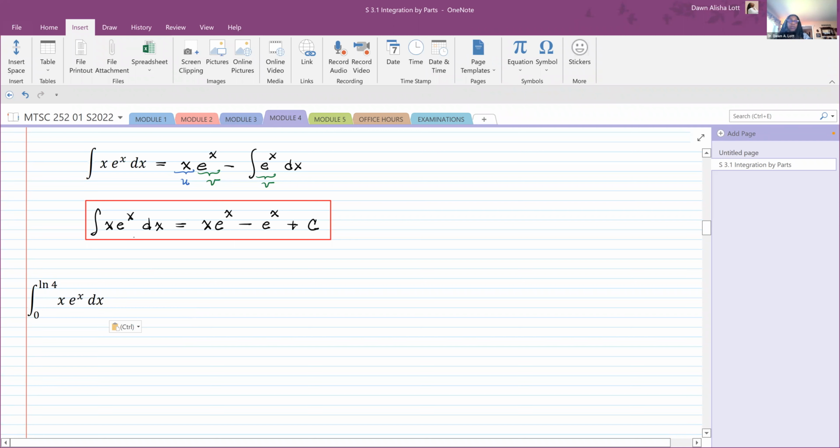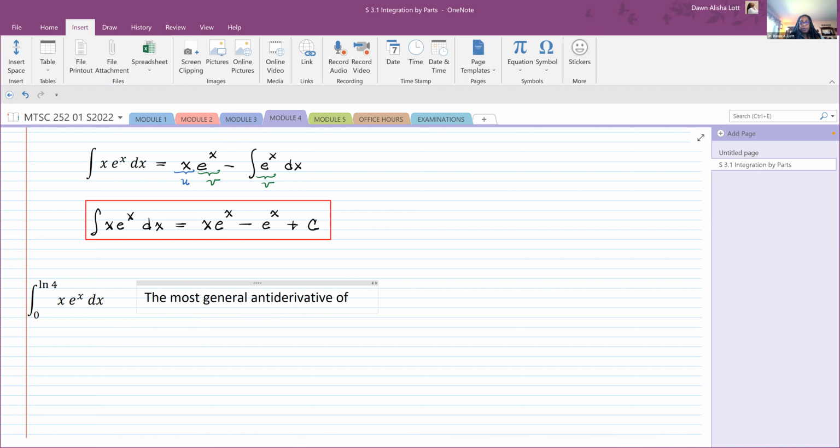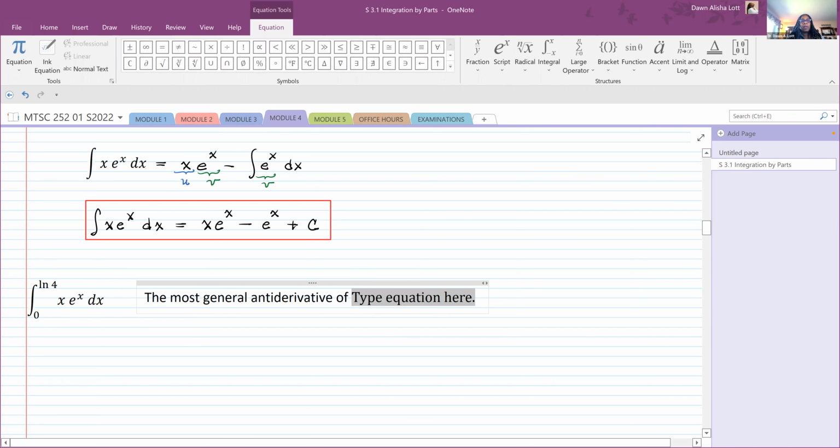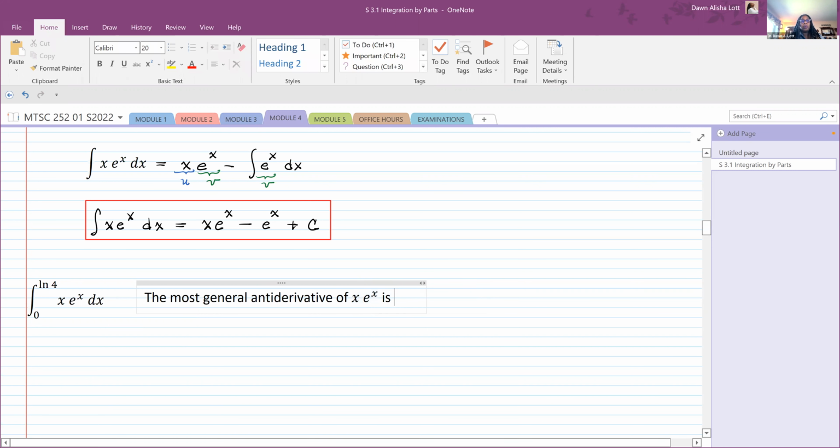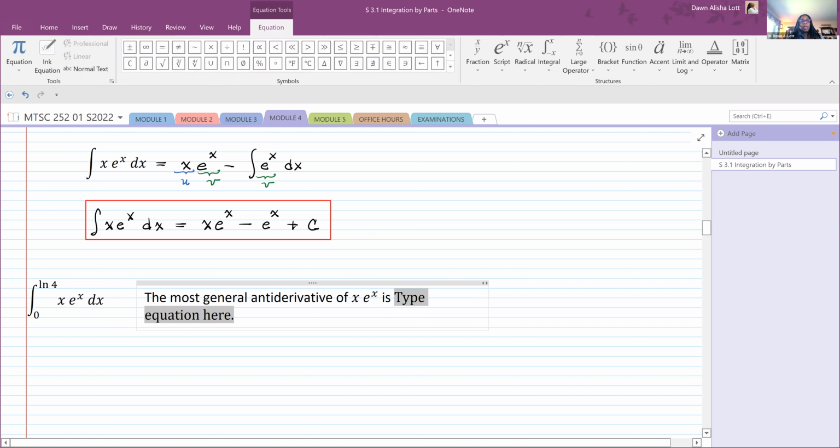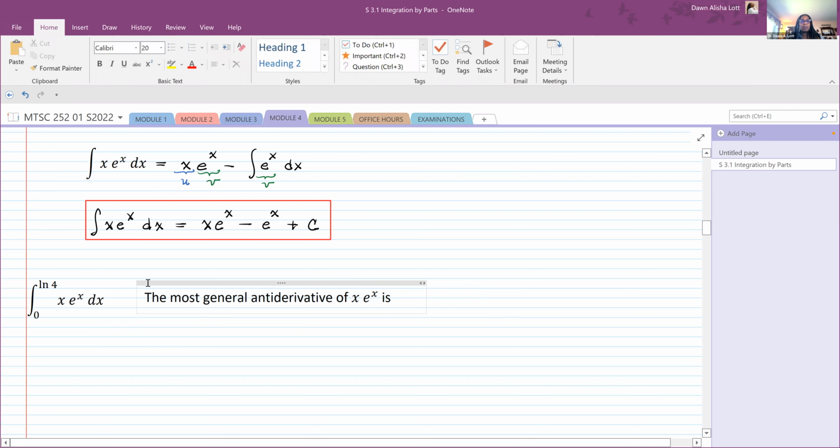So the most general antiderivative of x e to the x is what we just found. So let me make this a little function. I'll make this little f of x.